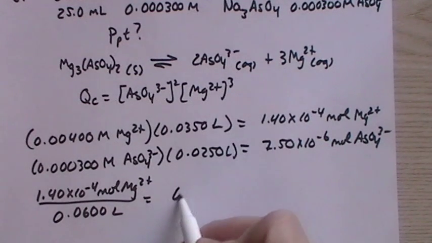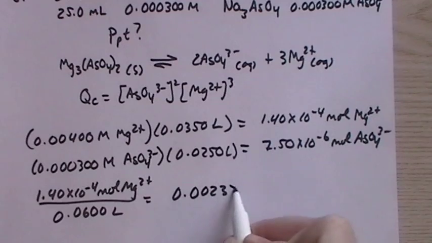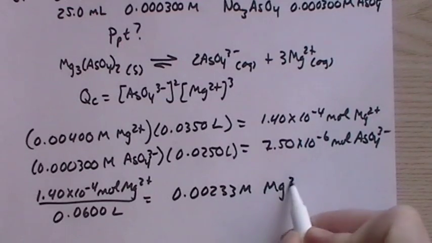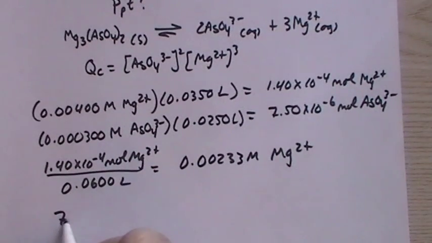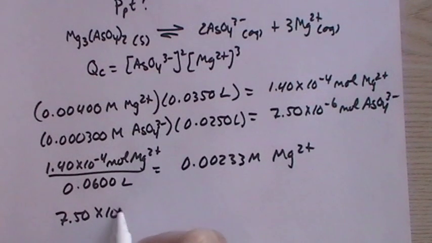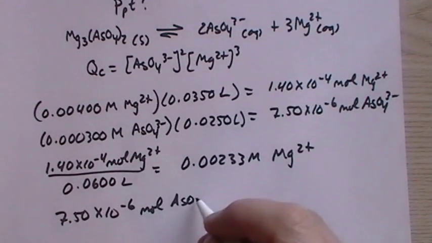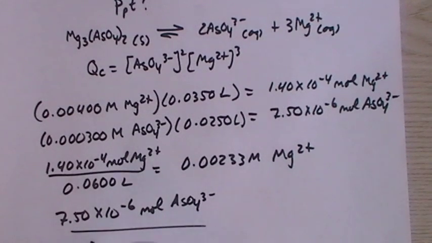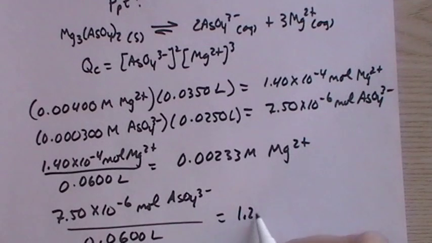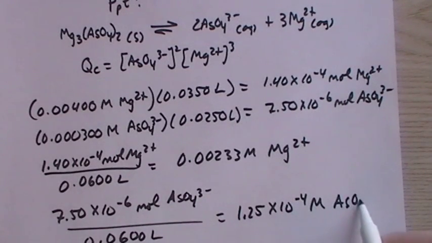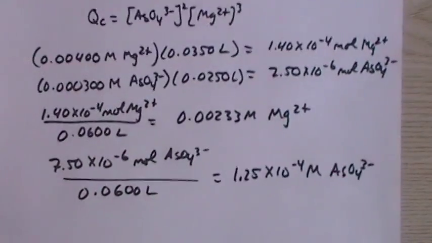And this gives us 0.00233 molar magnesium ion. And then we have 7.5 times 10 to the minus 6 moles of arsenate ion divided by 0.0600 liters. And we come up with 1.25 times 10 to the minus 4 molar arsenate.